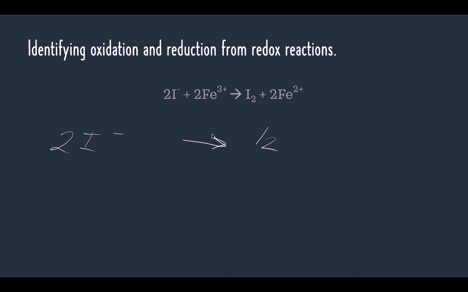Now, to do that, this negative charge means that both of these have gained 2 electrons. What they have to do to form their I2 molecule is lose those electrons. So in this example, iodide ions are being oxidised.